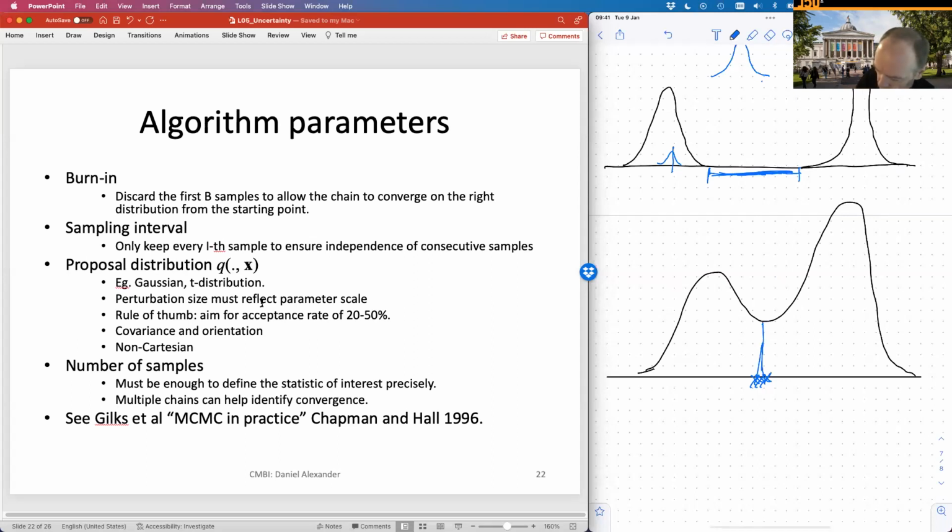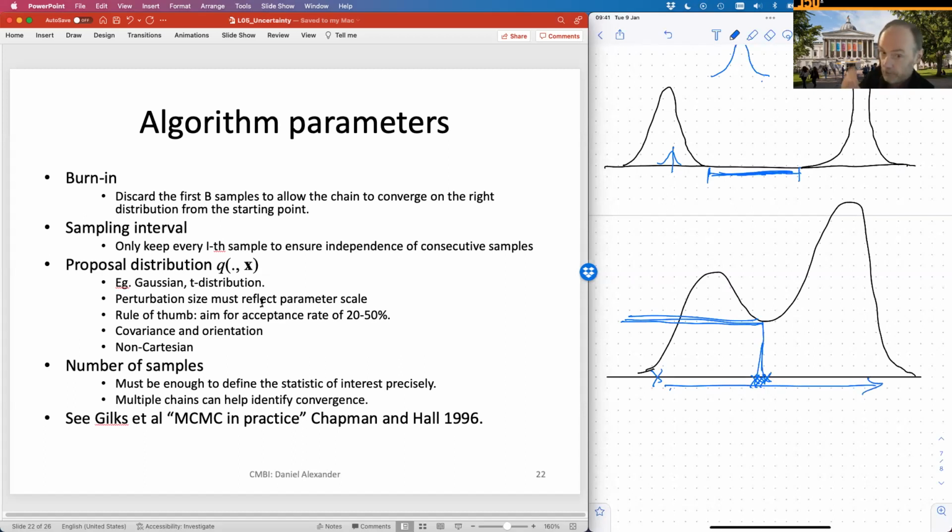Every time we make a perturbation, we don't move very far, so the likelihood doesn't change very much. So we get a likelihood ratio close to 1, and a very high likelihood of accepting the new candidate position. But the problem, of course, is that if those moves are very small every time, it takes forever to get from one side of the distribution over to the other.